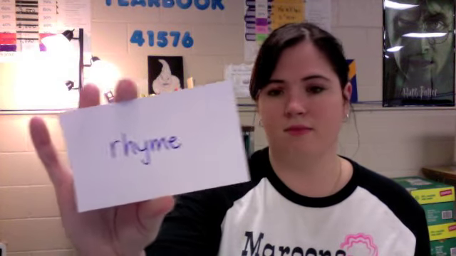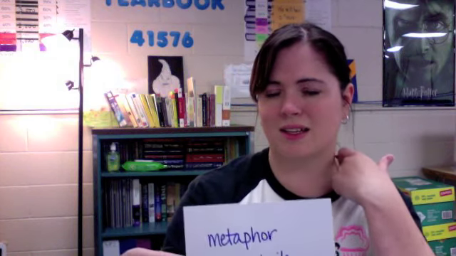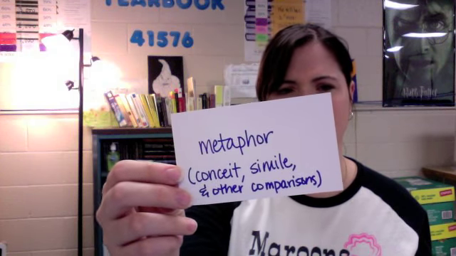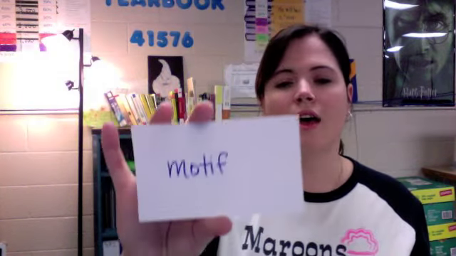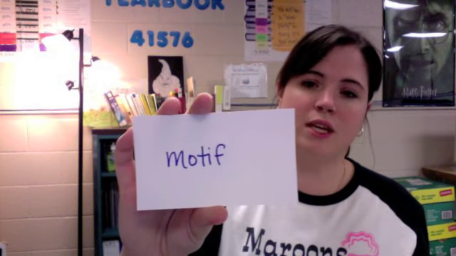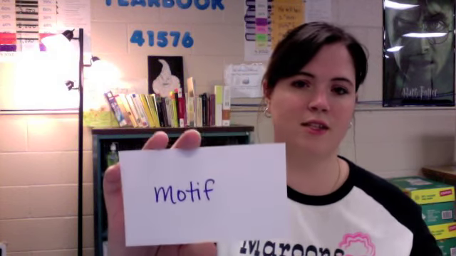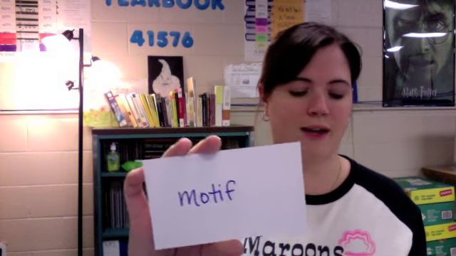Next, we have rhyme. It's an obvious one that sometimes people just completely forget about when they get stressed. Comparison terms, metaphor, conceit, simile, words like that. Those are easy to throw around. You've known them since you were a small child. A motif. Motifs, if you have forgotten, are things that recur throughout your passage, your novel, that sort of thing.